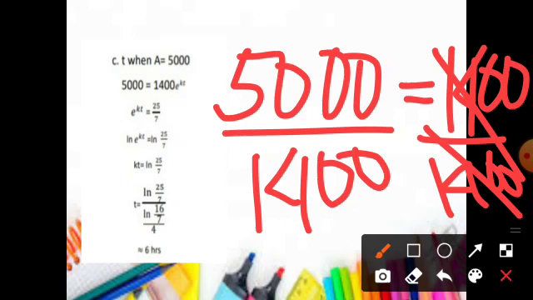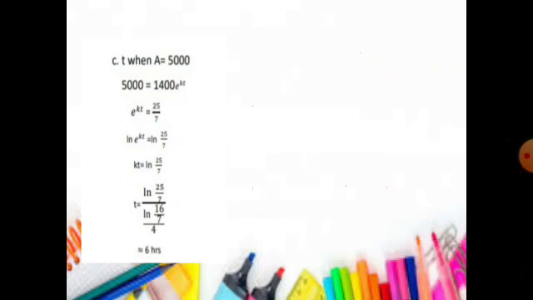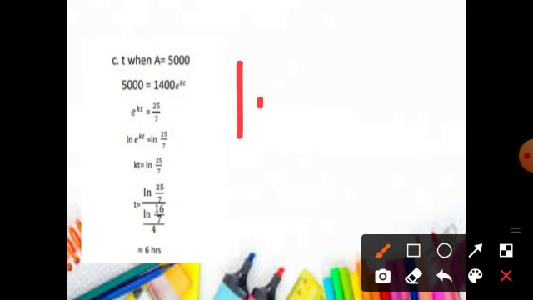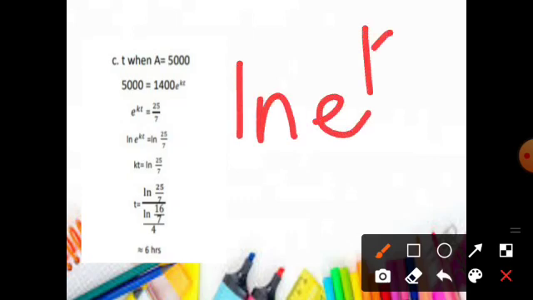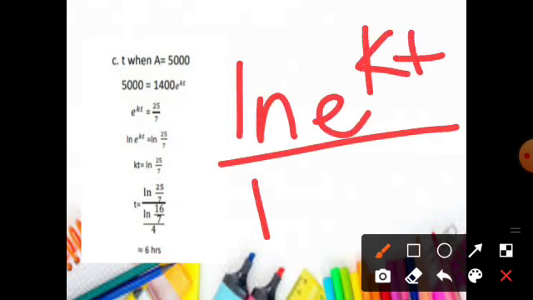The answer is 25 over 7 in fraction form. So e raised to kt is equal to 25 over 7. So ln of e raised to kt is equal to ln of 25 over 7. So we're going to cancel out.